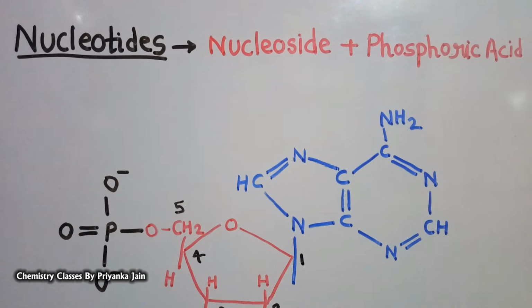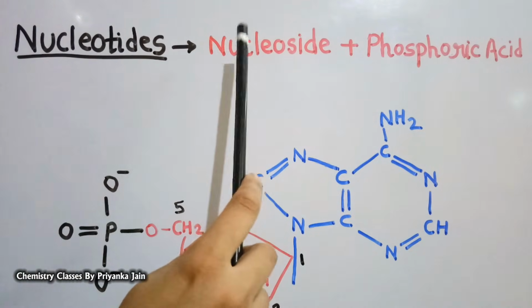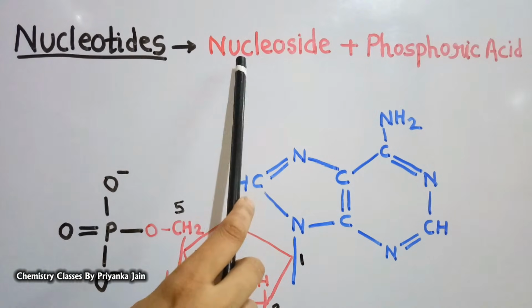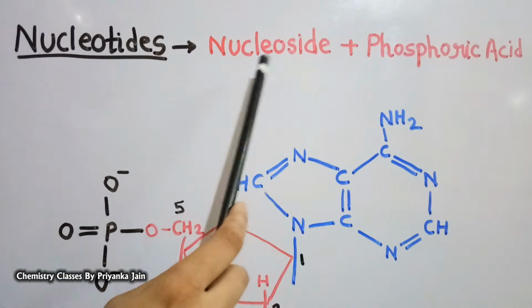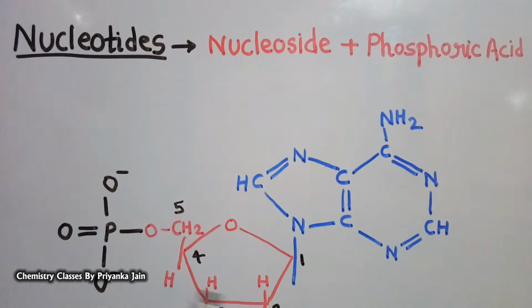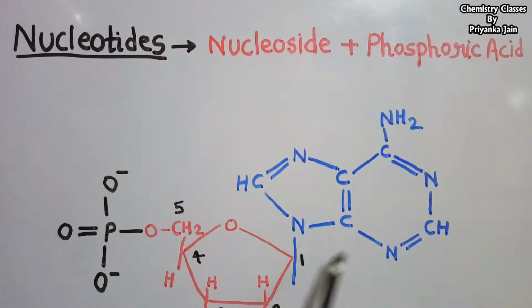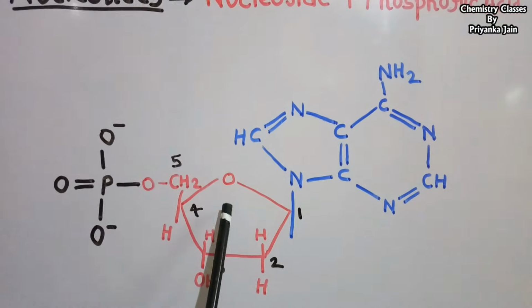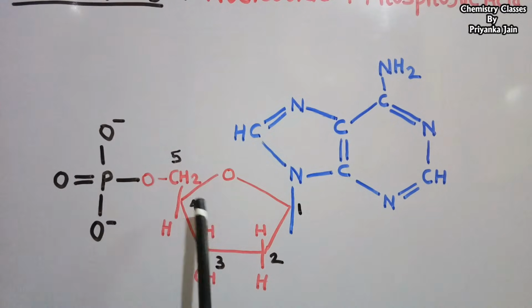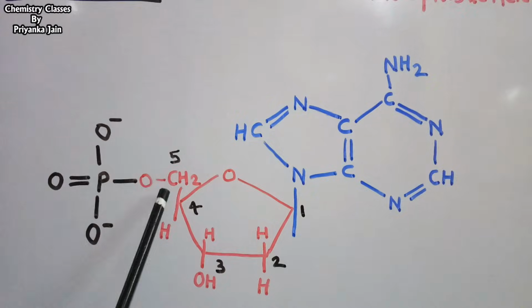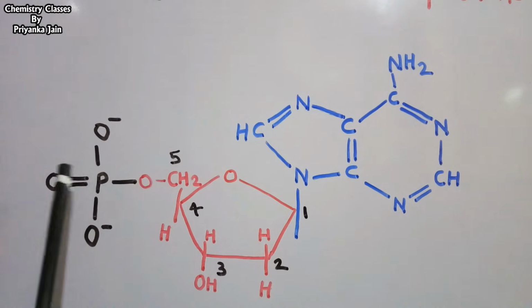If we look at the structure of the nucleotide, what is a nucleotide? It is the combination of the nucleoside with phosphoric acid. It means when a nucleoside combines with phosphoric acid, then this unit is known as a nucleotide. Suppose this is a nucleotide. In this is the nucleoside. We have studied that the base combines with the sugar and forms the nucleoside. Now at the C5 carbon atom of the sugar of this nucleoside, the phosphoric acid group gets attached.